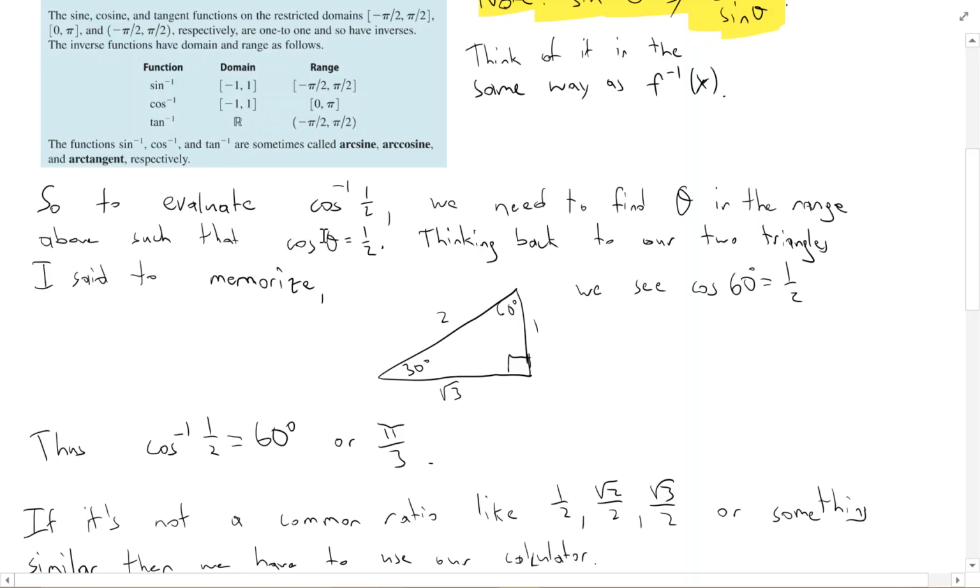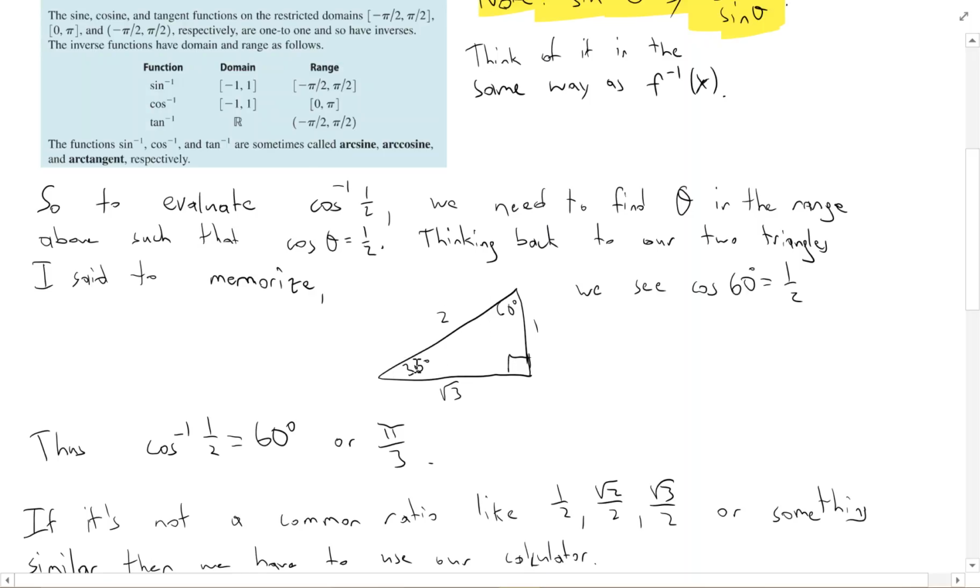All right, so to evaluate, for instance, inverse cosine of 1/2, we need to find the theta in this range above, between 0 and pi, such that cosine of theta is equal to 1/2. So two sections ago, I mentioned there are some triangles that you want to memorize, those two special triangles. Well, here's one, and we see the 30, 60, 90 triangle.